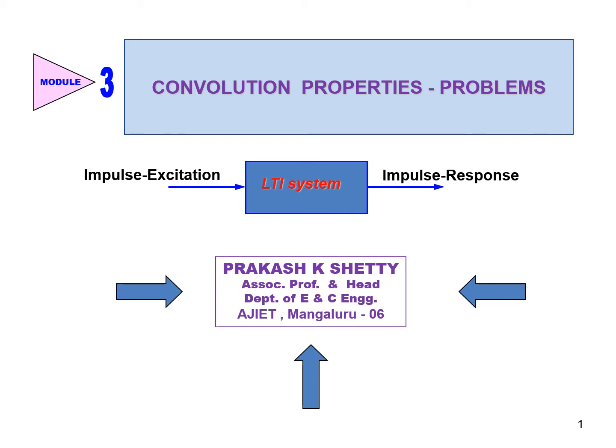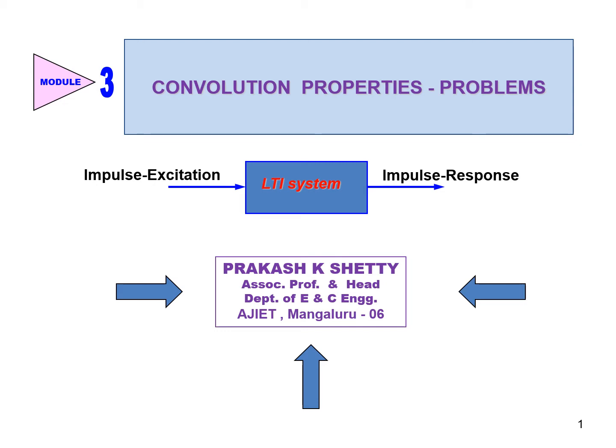In this presentation, we will first focus only on convolution properties and also give introduction to application of impulse response in determining memory, causality, and stability property. So I'll be solving 4 to 5 problems in convolution property and it's a discussion about an important formula, geometric series formula.